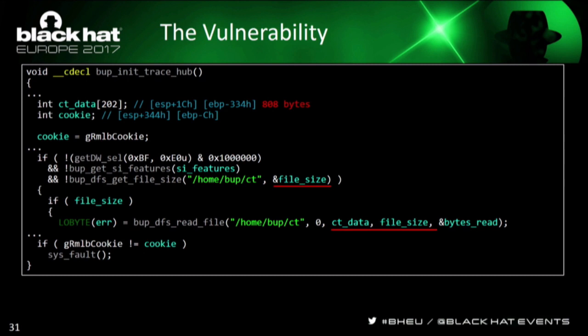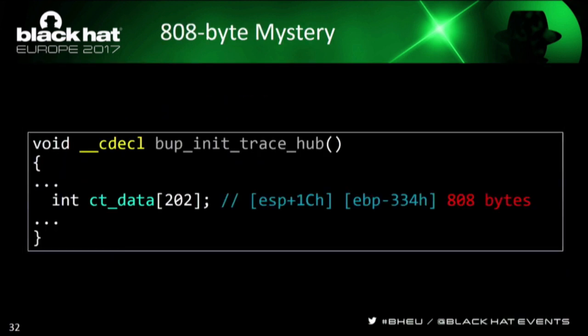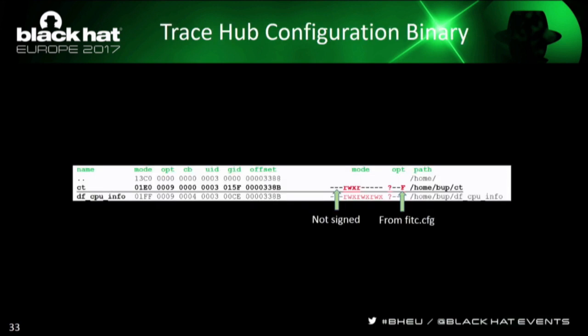It surely leads to a stack buffer overflow if the size of the home BUP-CT file is larger than 808 bytes. But what is the magic size of the buffer? How often do you set the size of a local buffer to such a pretty number, 808 bytes?